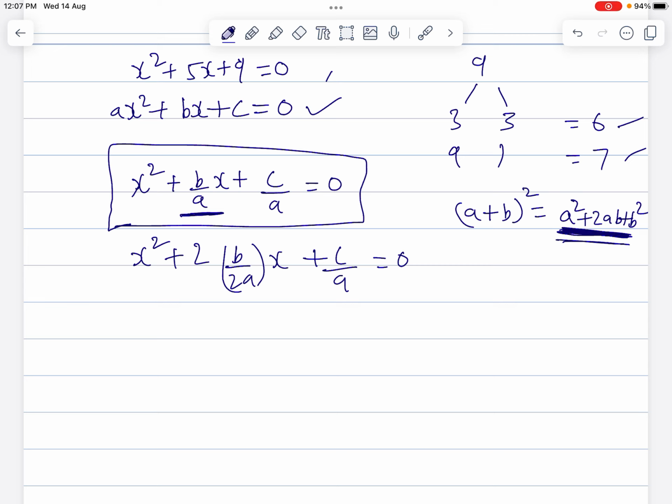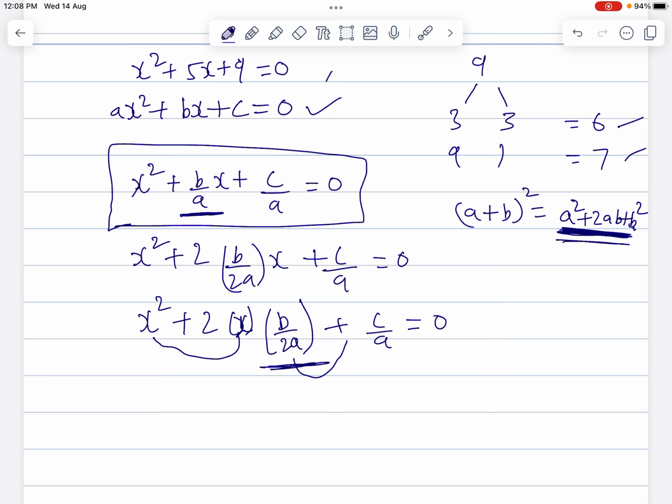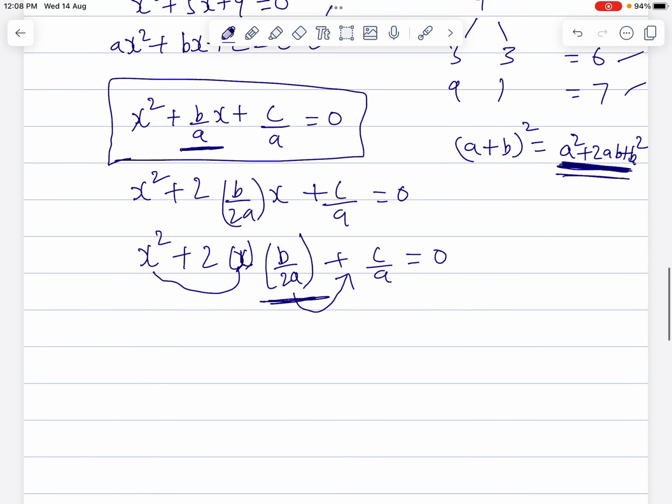Now if you see x square plus 2 into x into b by 2a plus c by a equal to 0. If we have this square over here, then we can write this in the form a plus b whole square.